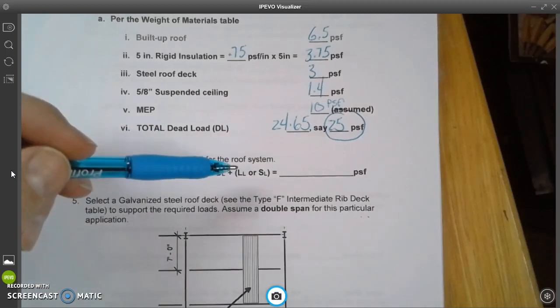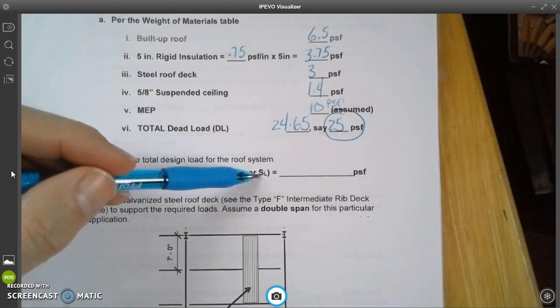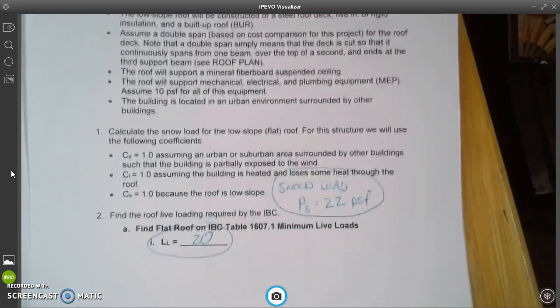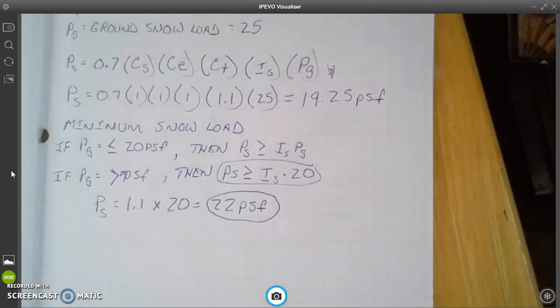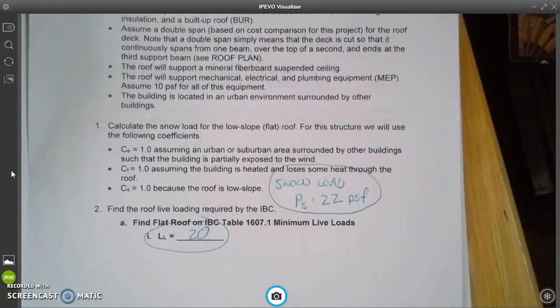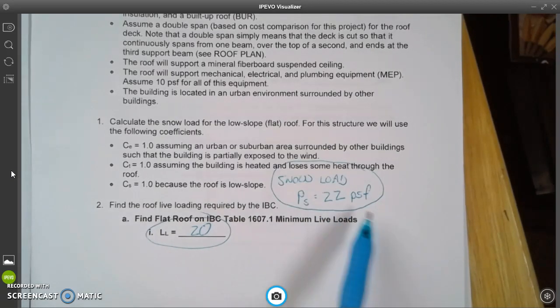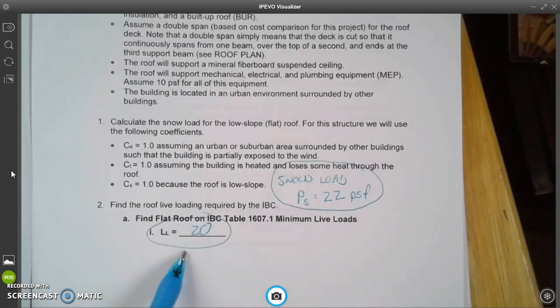So value-wise, what you do is you take a look and see what the live load and the snow load were, and you did those back here on the prior page, right down here. These are our snow loads. Snow loads were calculated in our book right there, and now I've just written it here on the worksheet so that we can see it easy. So our snow load was 22 PSF, that's the design snow load, and then from that table our live load is 20.